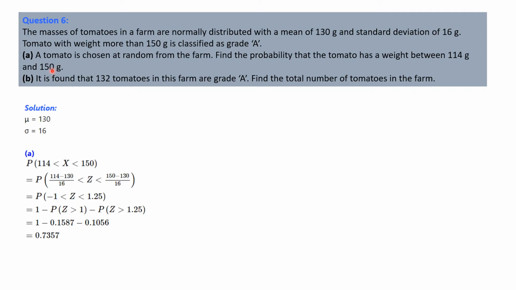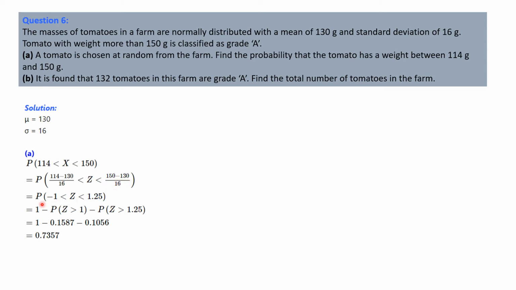So to answer question A, we have to write the mean. The mean is 130 and standard deviation is 16. So to find the probability for x in between 114 and 150, we have to standardize it to be z. So we use 114 minus 130 over 16 and 150 minus 130 over 16.